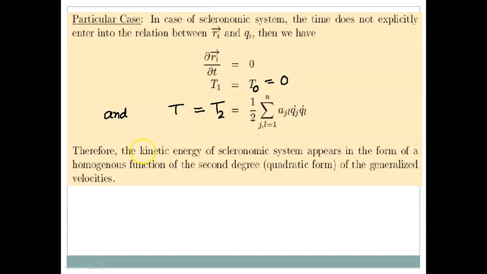Now you can see the kinetic energy of a scleronomic system appears in the form of a homogeneous function of second degree, because 1 degree and 1 degree, this is a homogeneous function of degree 2.